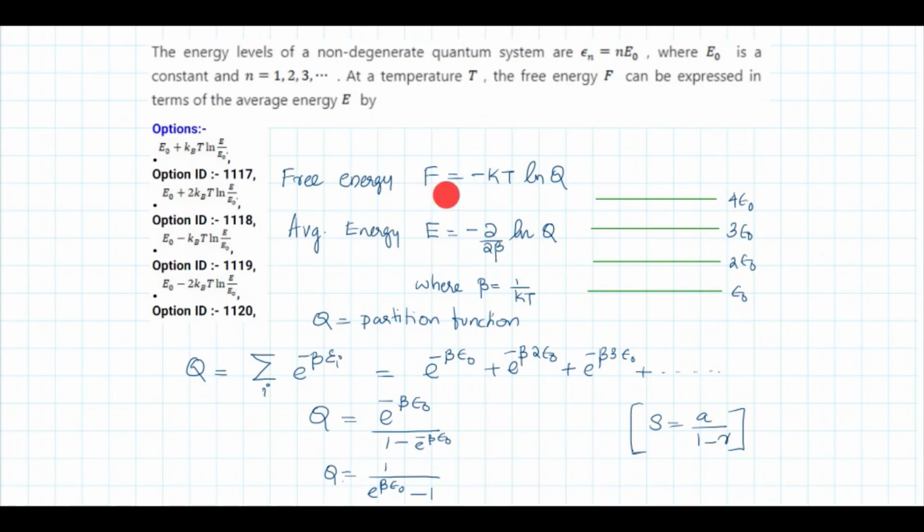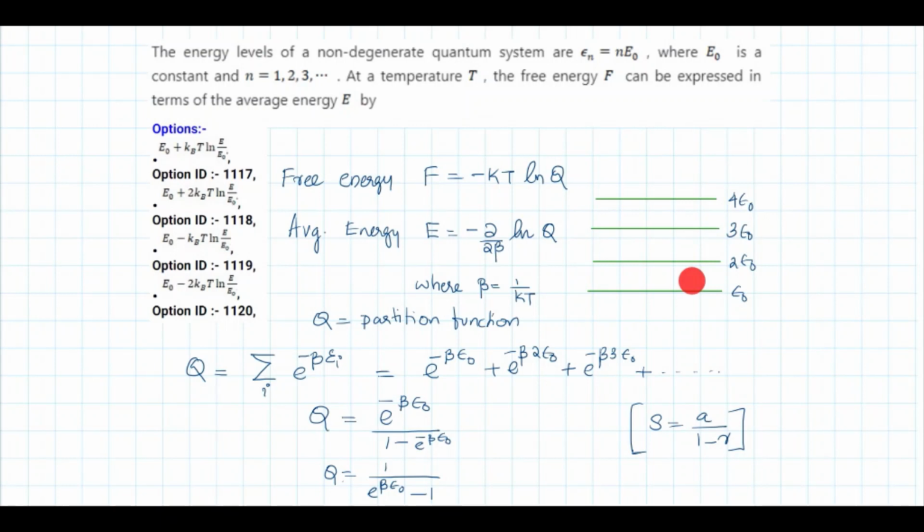Free energy, we know from the definition of canonical ensemble, F equal to minus kT log Q, where Q is partition function, k is Boltzmann constant, T is temperature. And average energy E is minus dou by dou beta of log Q. Again, beta is 1 by kT, Q is partition function.